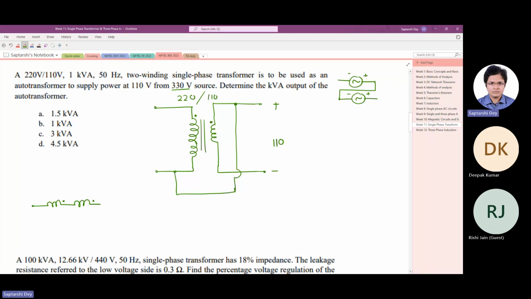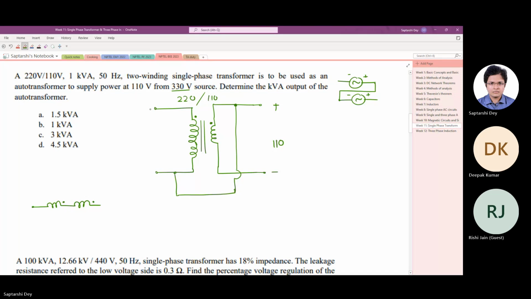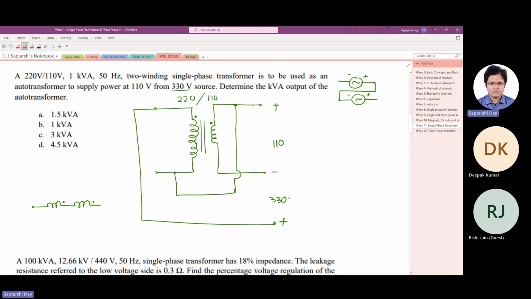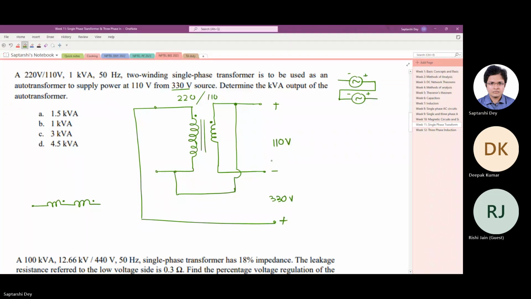Now where is our output? See, this one starts from here, so this will be the output. Here we will get 330 volt from this terminal.